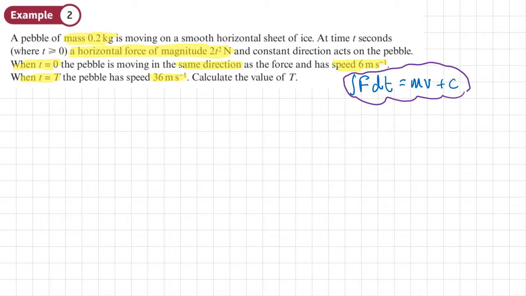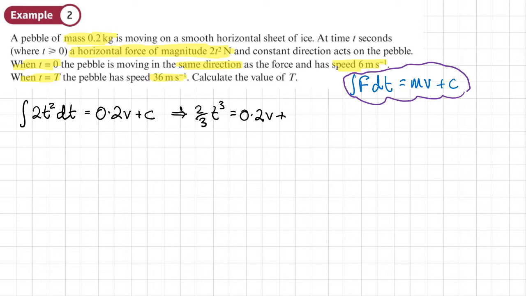The integral of 2t squared dt is equal to the mass, which is 0.2, v plus c. We'll do our integration. So 2t squared integrated becomes 2/3 t cubed is equal to 0.2v plus c.